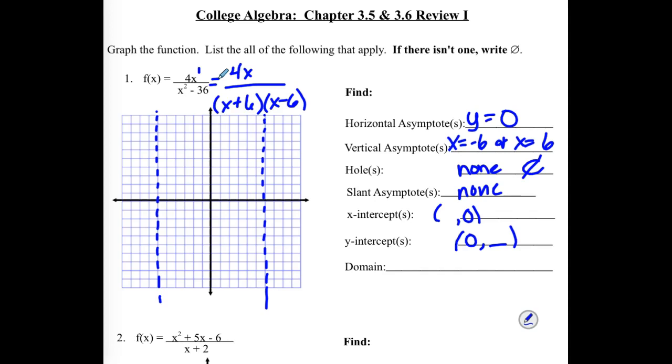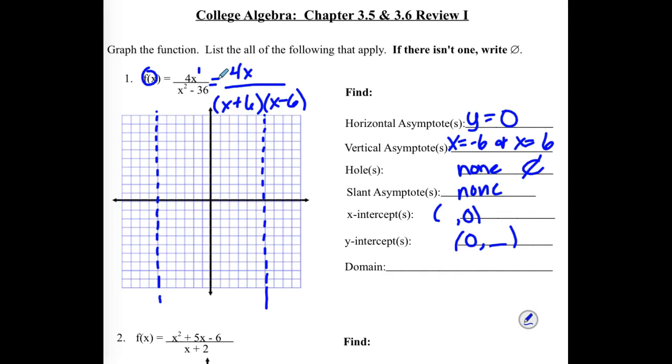Okay, so what if we put a 0 in for y? That means this f of x is now going to be a 0. If you picture taking those x plus 6, x minus 6 factors and multiplying them to the other side, they're going to get multiplied to that 0. And 0 times anything is 0. So we really just care about the numerator.